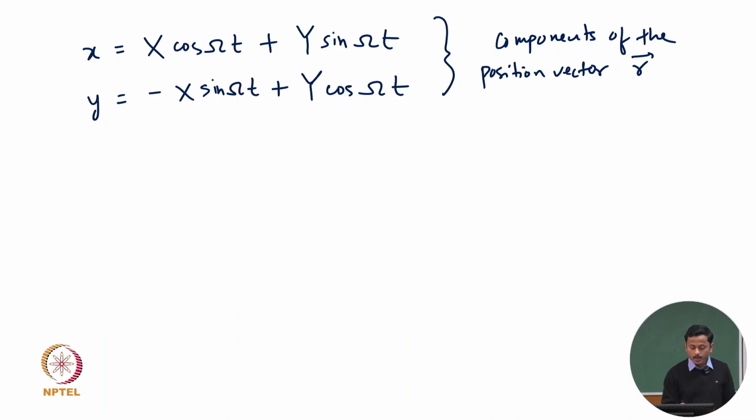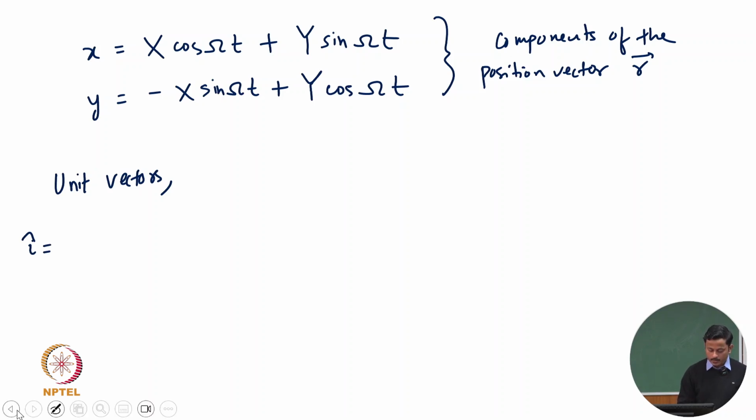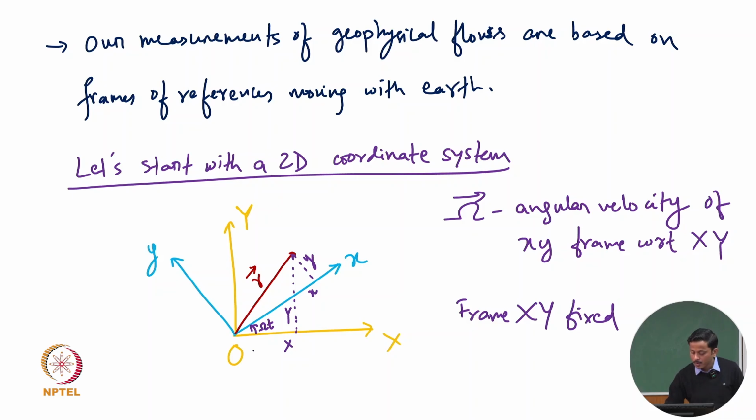So now the unit vectors in each direction, in each coordinate system. So small i cap is the unit vector in the small xy frame in the x direction. So here this is the i cap, this is the j cap, and let's mark them as capital J cap and capital I cap.